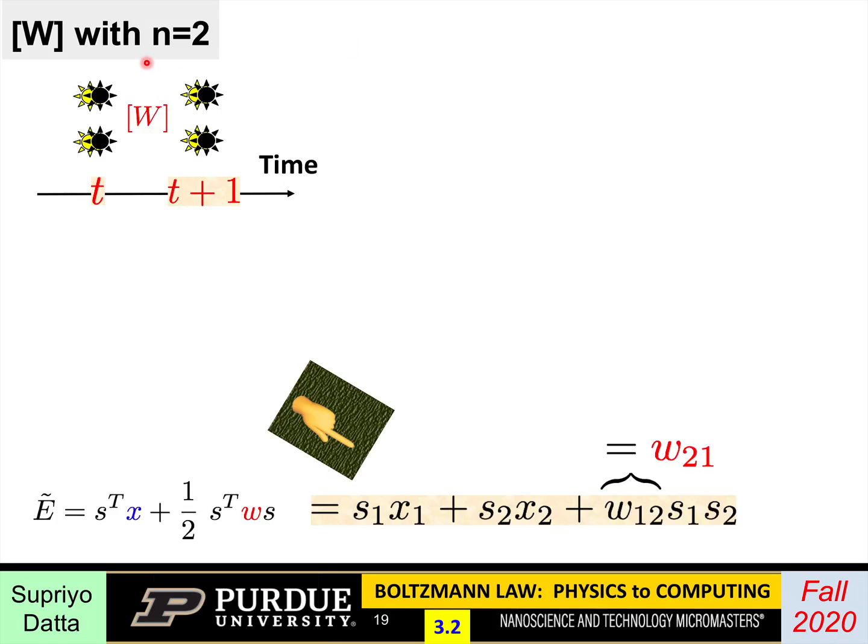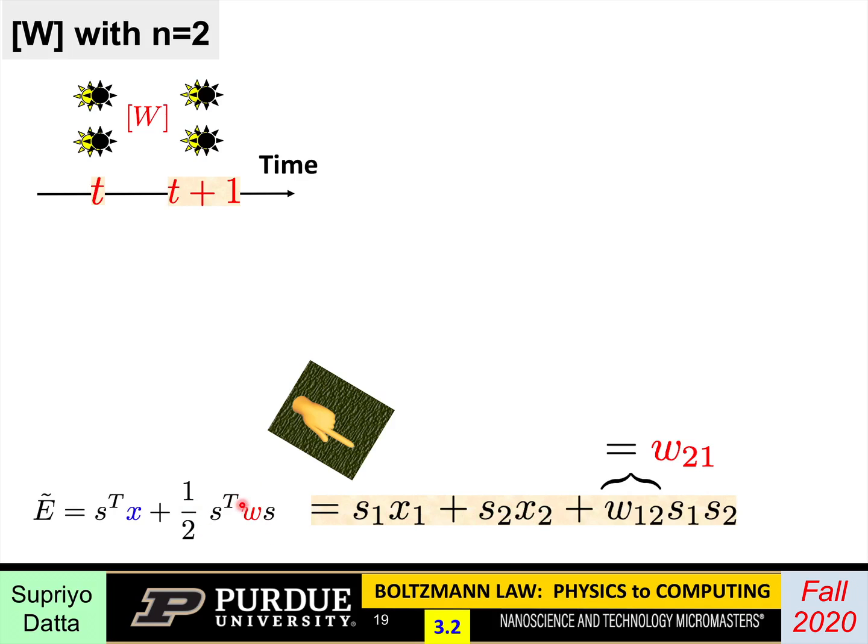Okay. Now let's look at a specific example with, say, 2 neurons. How would we write down the W matrices? Now we start, of course, with the energy expression, which in matrix form would be written like this. But with 2 neurons, you could actually spell it out, and it wouldn't be too inconvenient. The matrix version is particularly useful when you have lots of neurons, because it's hard to write out all the terms. But here, you could easily write this out, because this first term will give you these 2 things, S1 x1 plus S2 x2.